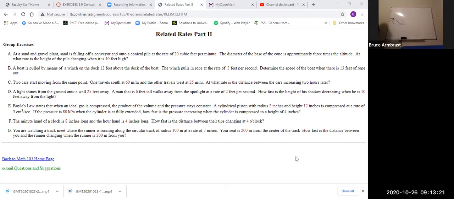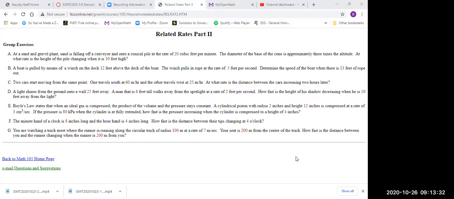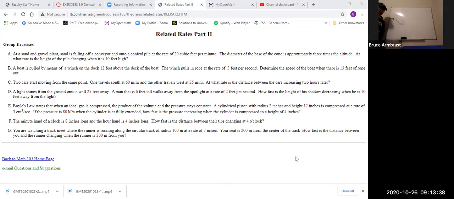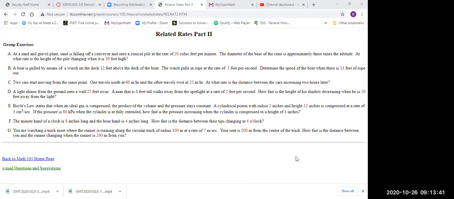You can give it to me in words, or in some sort of equation if you'd like. When there's 13 feet of rope out, what's the speed?